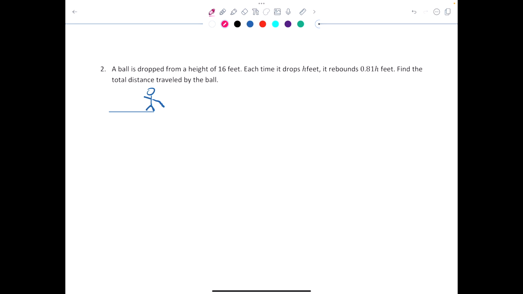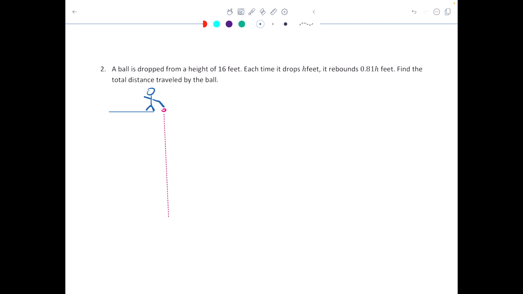And this ball is right at this platform, which is 16 feet up. So now I'm going to go to a dotted line. So it'll drop, right? And let's say that's 16 feet, right?